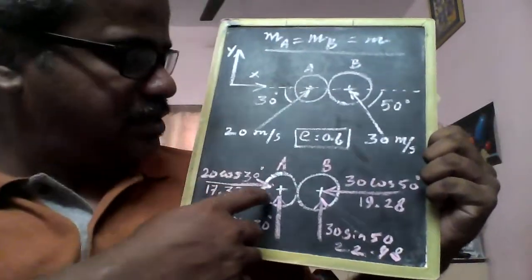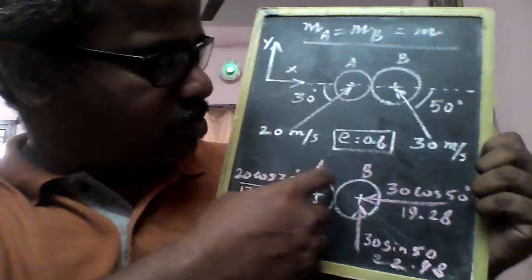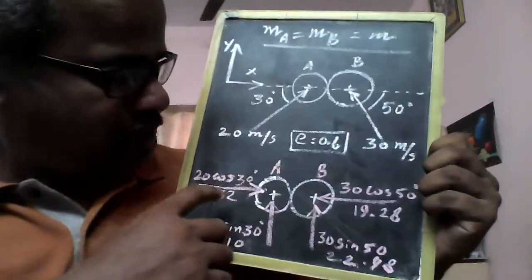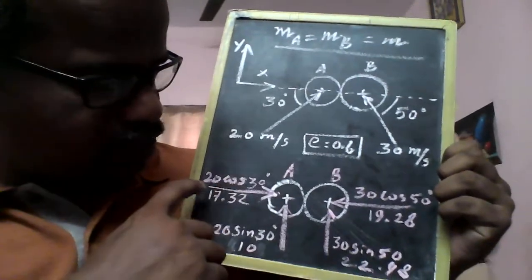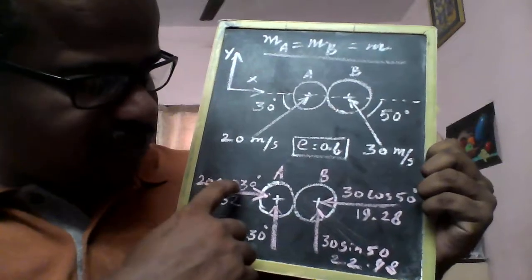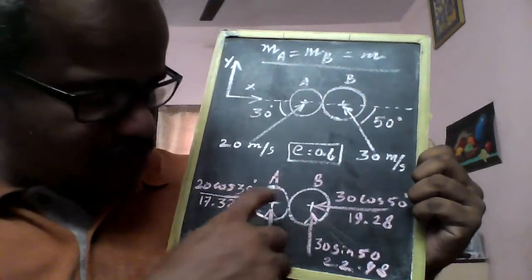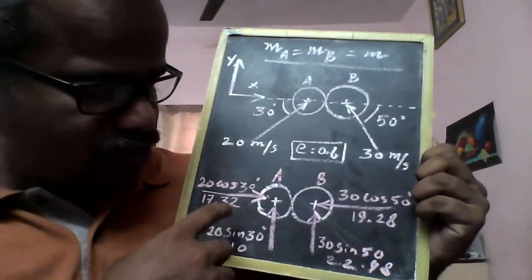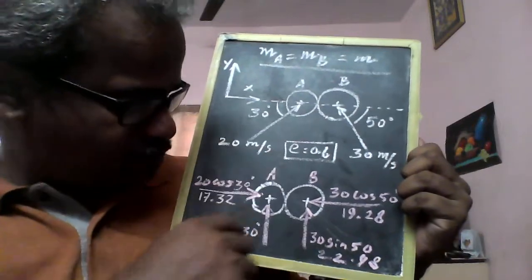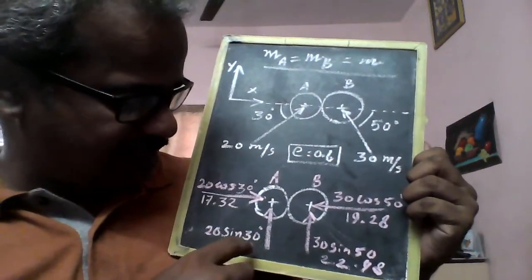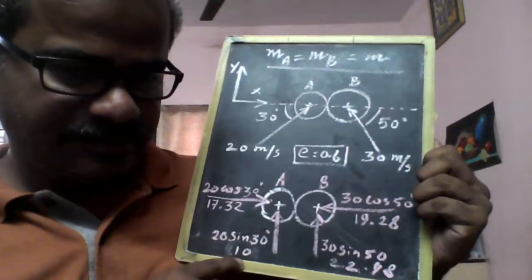You can see here that for body A and body B, I have resolved into two components. For A, the horizontal component 20 cos 30 is 17.32, and the vertical component 20 sin 30 is 10.